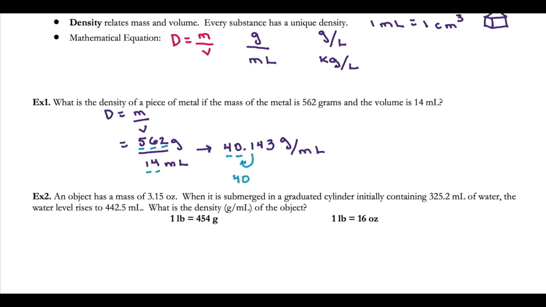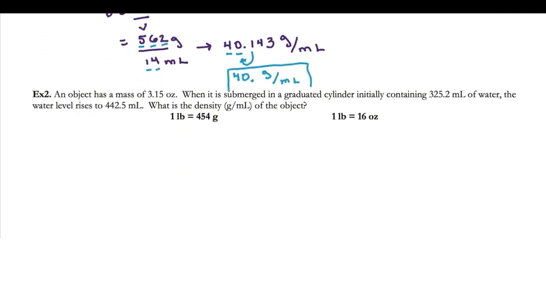I want 2 sig figs, but if I just write 40, then that would be 1 significant figure. So what I'm actually going to need to do is put a decimal place so that now I can count from left to right so that the 4 and the 0 are significant. And my units are grams per mil. Okay? And that's my answer. Okay? Let's look at the next practice problem.